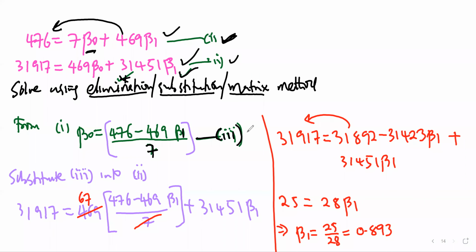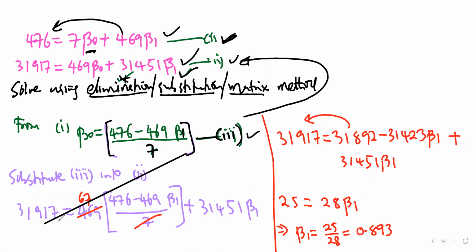Then you substitute equation number 3 into the second equation, Roman 2. Where there is beta naught, you put this expression here. So equation number 2 becomes 1917 is equal to 469 multiplied by the new value of beta naught, plus 451 beta 1.